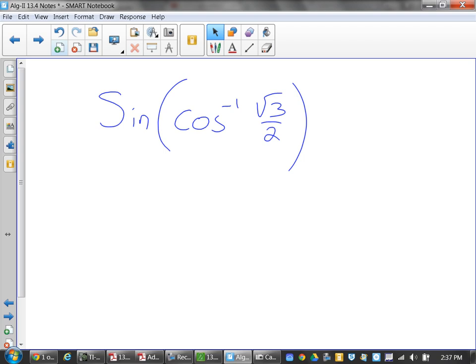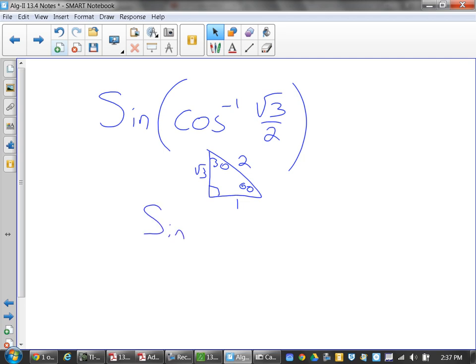This is asking you what angle has the cosine of root 3 over 2. Which angle is it? 30. 30 is pi over 6, right? So first simplification is inverse cosine of root 3 over 2 is pi over 6.